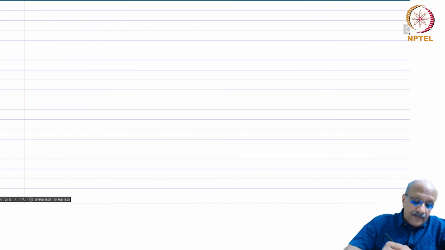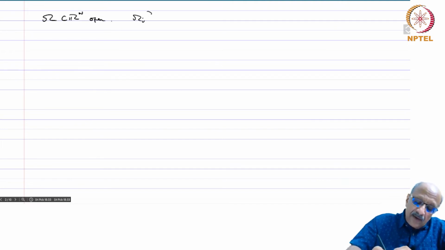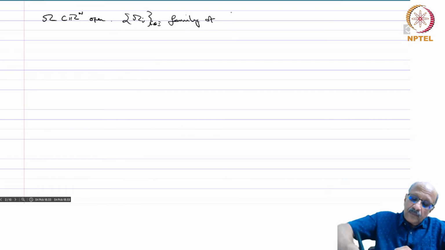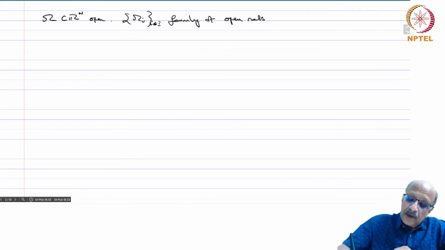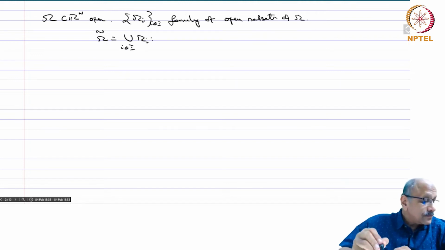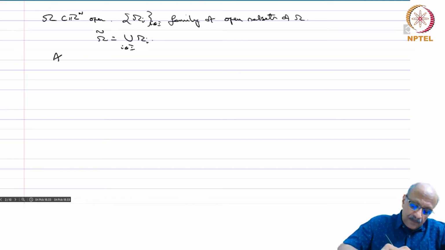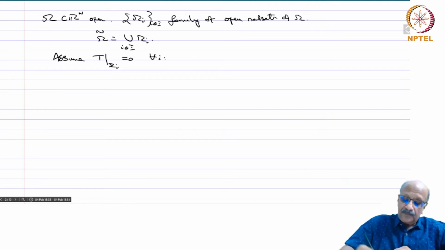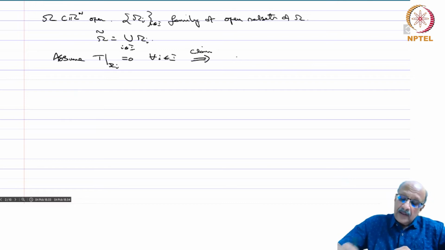Now let omega contained in Rn be open, and omega I, for I in a family of index set, be open subsets of omega, and we write omega tilde as the union over I of omega I. Assume T restricted to omega I is 0 for all I. Then we claim that T restricted to omega tilde is also equal to 0.